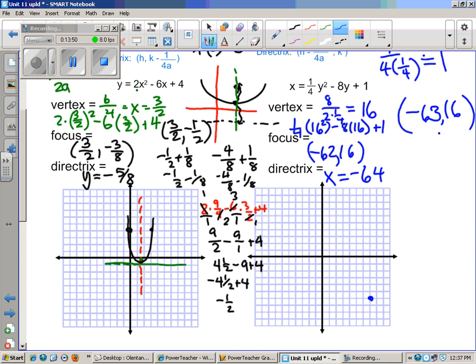Okay, it's not, but let's pretend it is. Then the focus would be at 16, negative 62, which would be here, 1 away, right, 1 that way, and the directrix would be negative 64, which would be 1 that way. So my parabola would look like that, with the directrix below it and the focus above it.